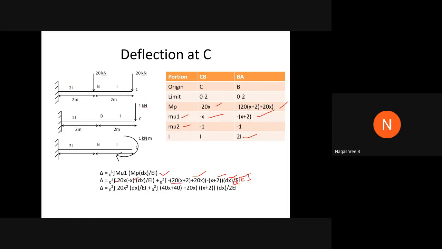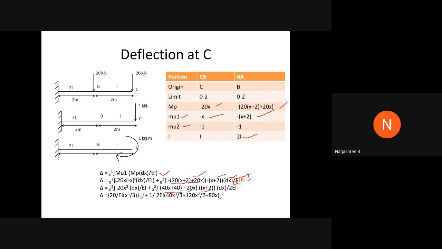If I just simplify all these things, I'll get 40x plus 40 plus 20x. So 20x into x plus 2 divided by 2EI. So again, integration of 20x square. So 20 by EI, I just take it as common.